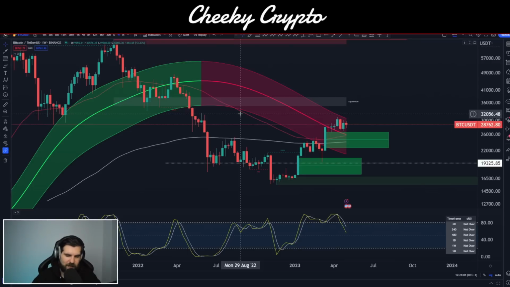So what I mean by this, following on from yesterday's video, is we have the 2015 bear market where we stayed above the 1.236 Fibonacci retracement level. We had the 2018 bear market low where again we stayed above the 1.236 Fib level, and then we have the 2022 lows coming in lower than 1.382 on those Fib levels.